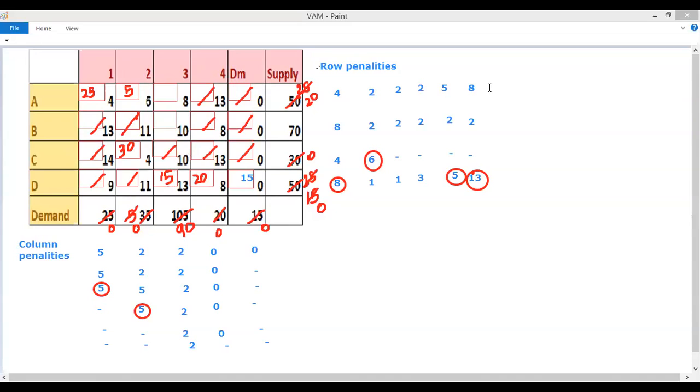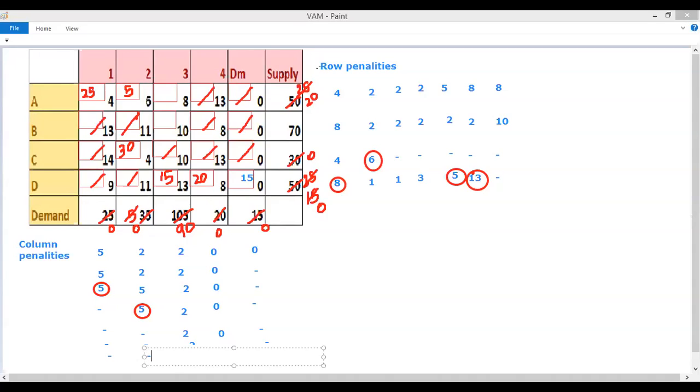Now again compute penalties. So here the penalty will be 8. And here, we have only one value, right? So the penalty here is 10. Here we don't have to compute. And here also we don't have to compute.